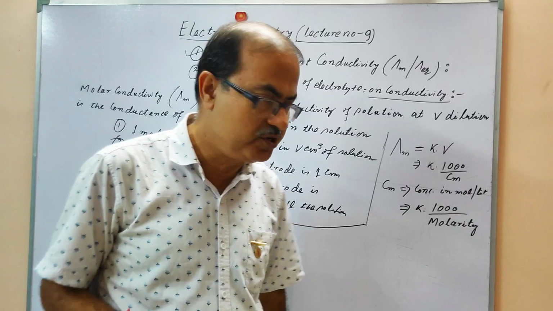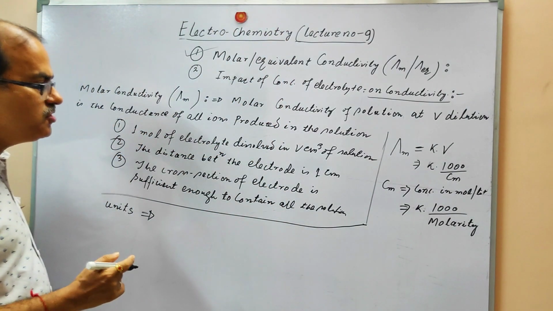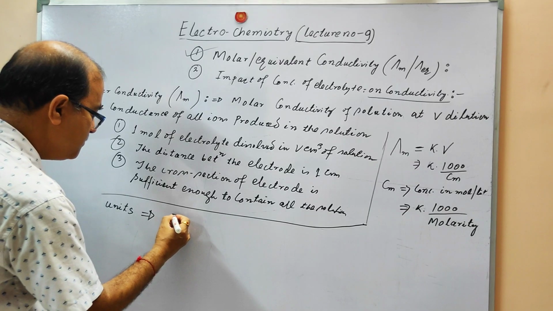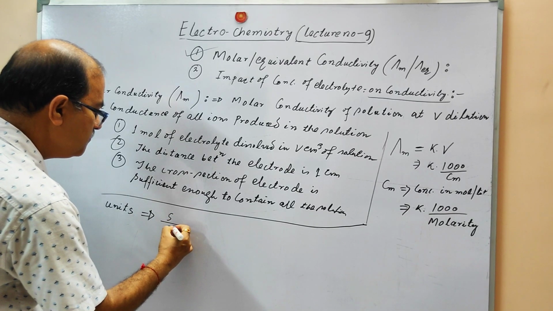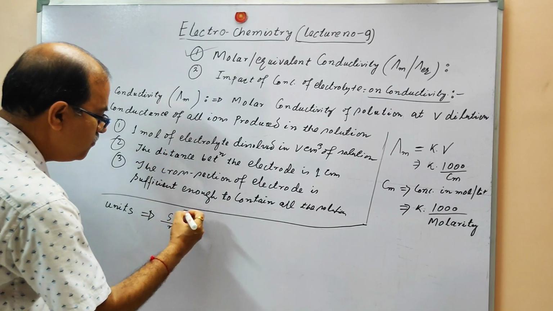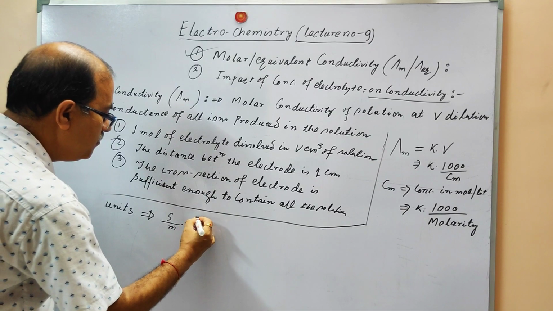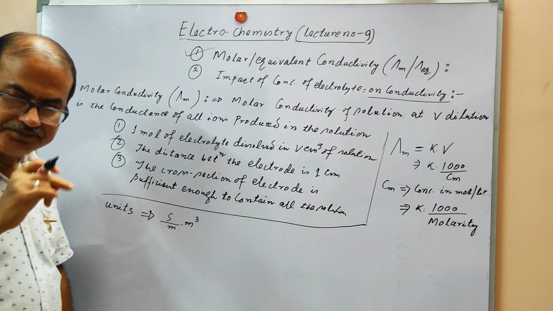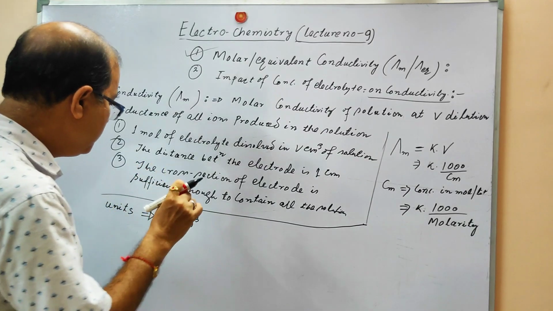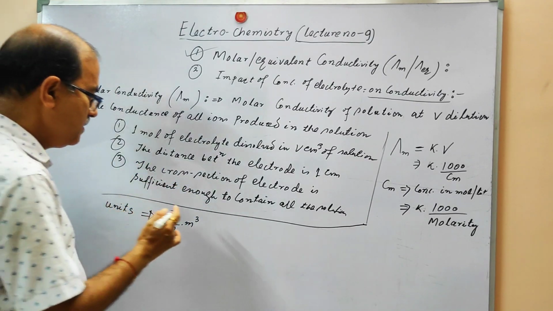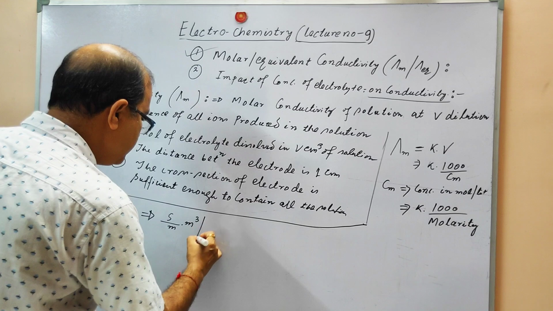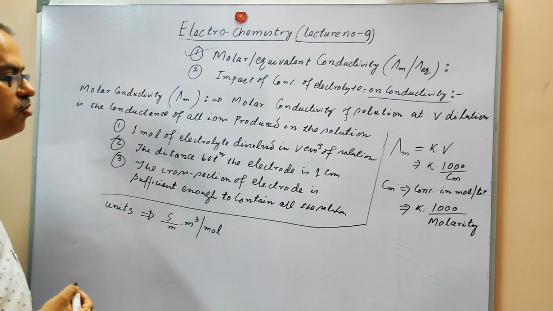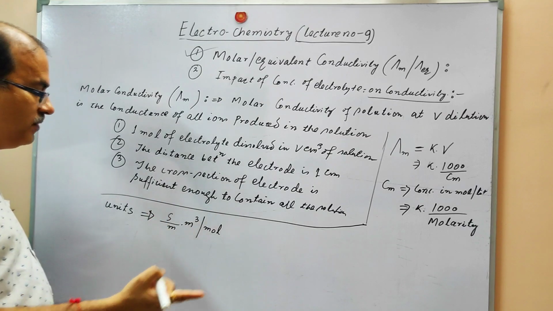So the unit will be K, Siemens per meter, into meter cube, coming from the volume term, and it is also divided by mole, so mole will be in the denominator.